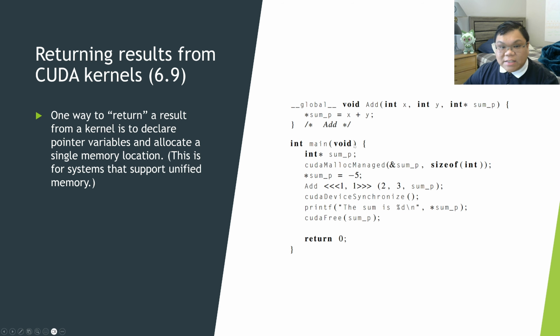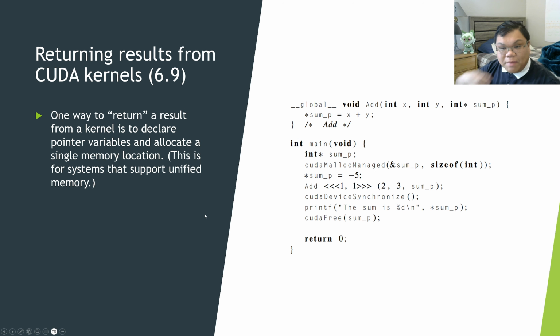So in this example, we are adding the values of x and y and storing it in some p here. This is the main way that we are supposed to return results from a kernel, because they cannot return anything on their own. The return type must be void.